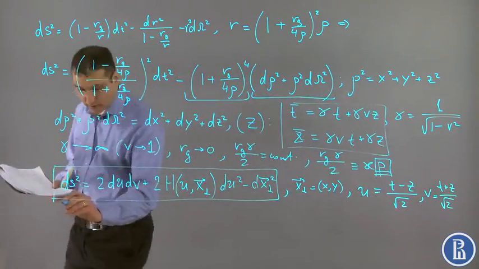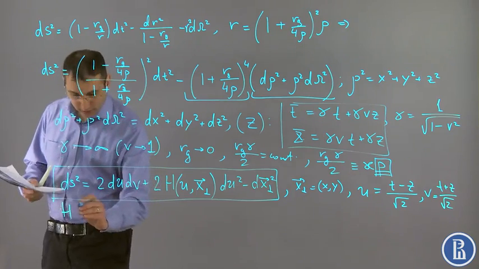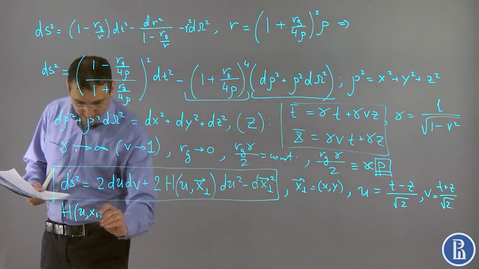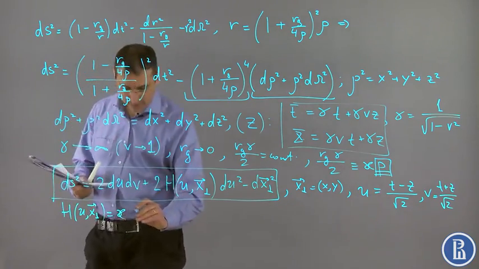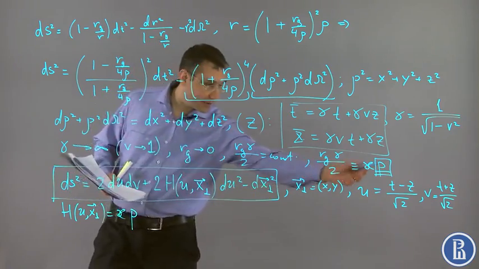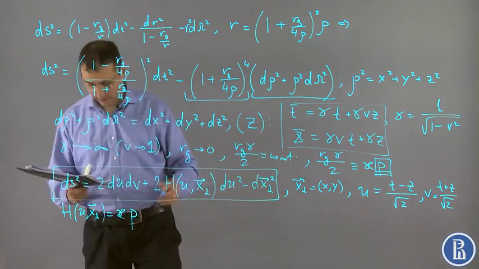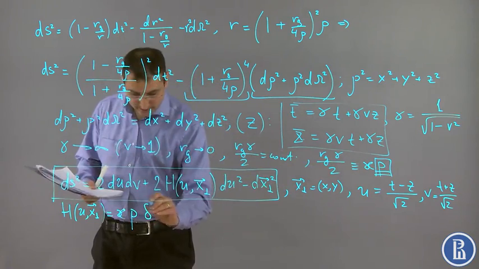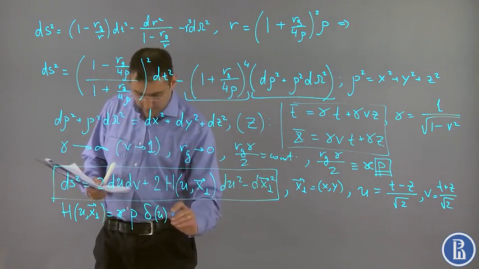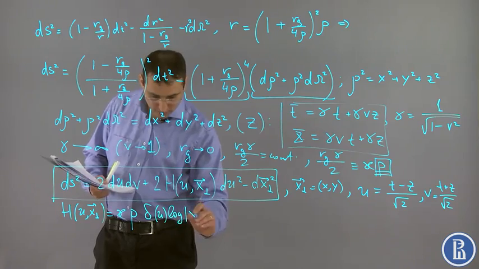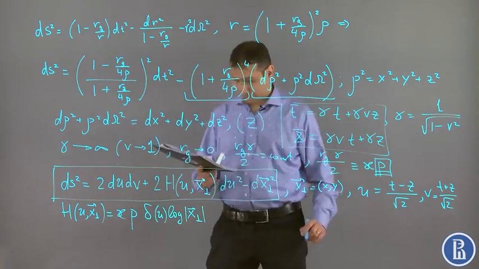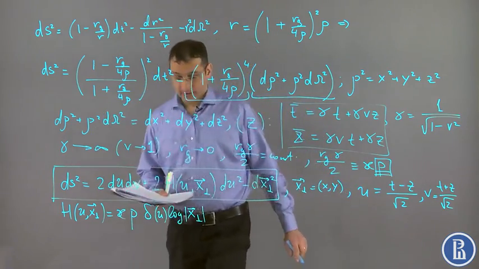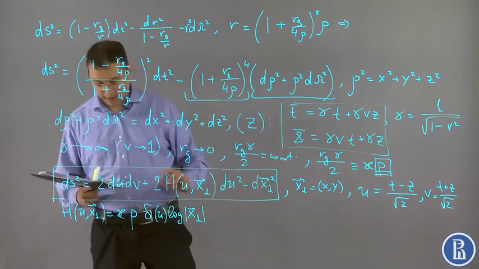And h of u and x perpendicular is just the following function: kappa times p, where kappa is Newton's constant, times delta function of u times log of the modulus of x perpendicular. So that's what we obtain taking this limit.